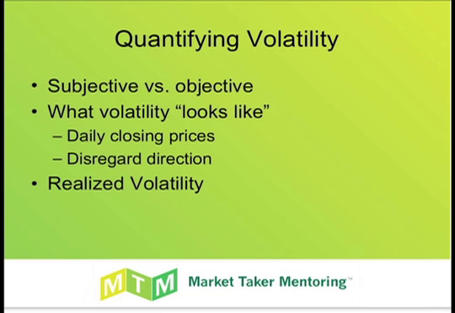So the standard deviation figure, when it's turned into realized volatility, is annualized. So we're taking that last 30 days of data, and we're making that representative for the past year.